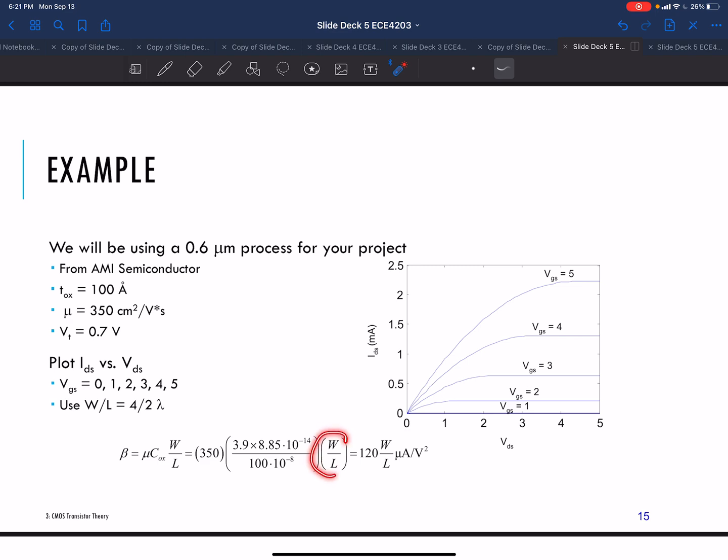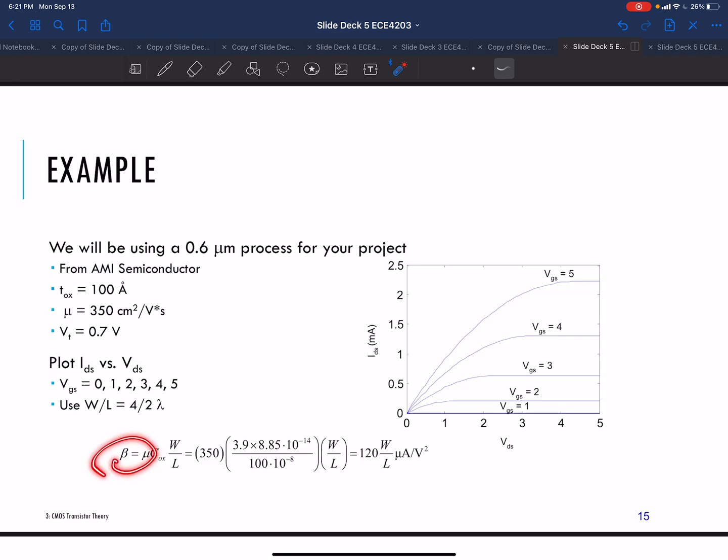And then you have the width over length of the device, which is given here. One interesting thing, by the way, notice that the current depends on the ratio of the width over length. So it means if you have a very wide but very long transistor, you'll get the same current out of it as a less wide, less long transistor, as long as those ratios are the same.